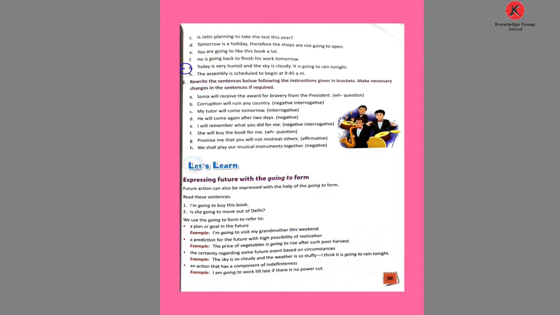Then G. Today is very humid and the sky is cloudy. It is going to rain tonight. Today is very humid and the sky is cloudy. The sentence remains the same. After that, we can change only this sentence. It is going to. So what? We use it.